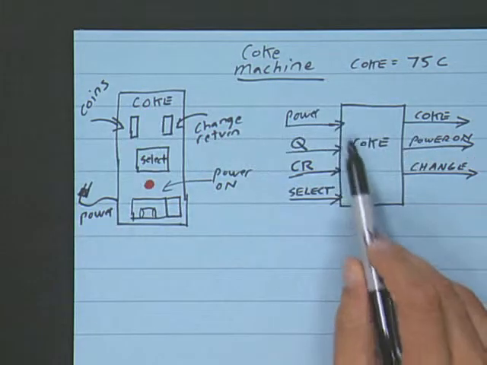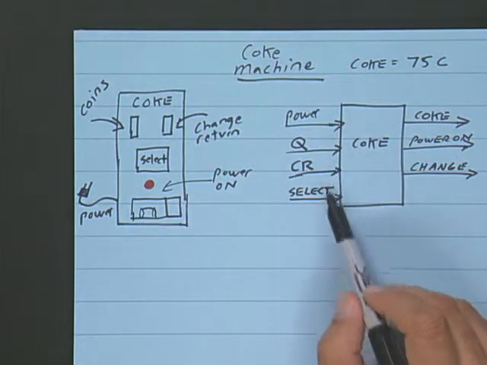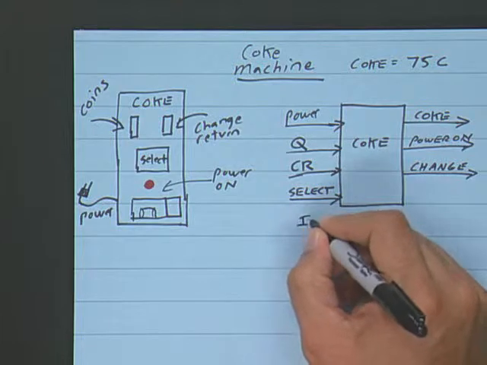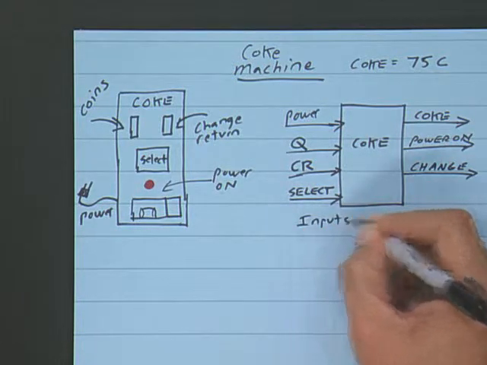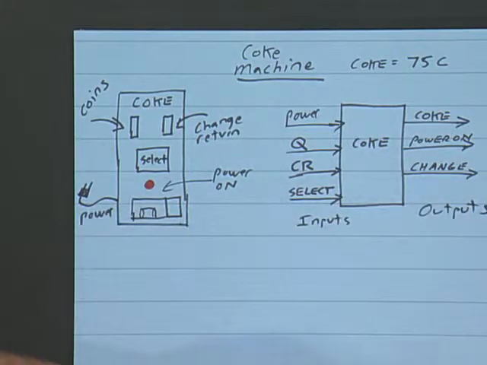First, by looking at the boundary diagram, which is shown here. I have inputs, and I've got outputs, and that's a good first start because I need these things to start the construction of my initial state machine.